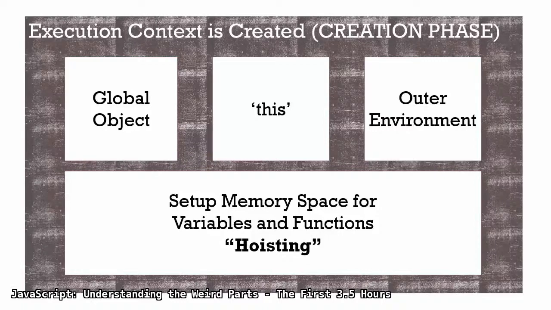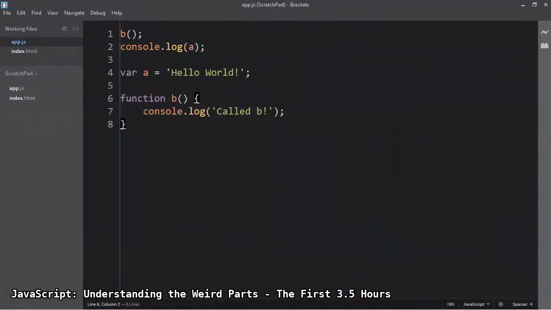However, when it comes to variables, it's a little bit different. You see, the function in its entirety is placed into memory space, meaning the function, its name, and the code inside the function that's being executed.